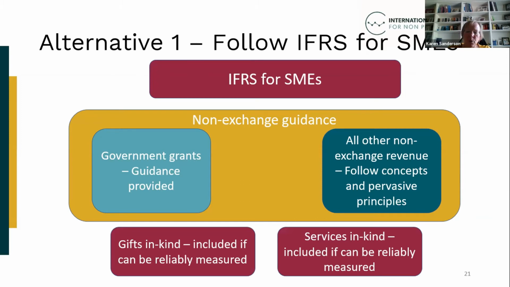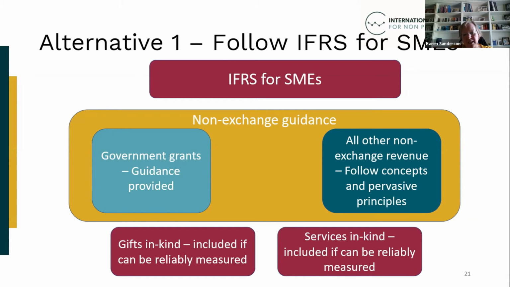As we've discussed earlier, the framework provides specific guidance on government grants, but not for other kinds of non-exchange revenue. So there would need to be some kind of by-analogy approach.